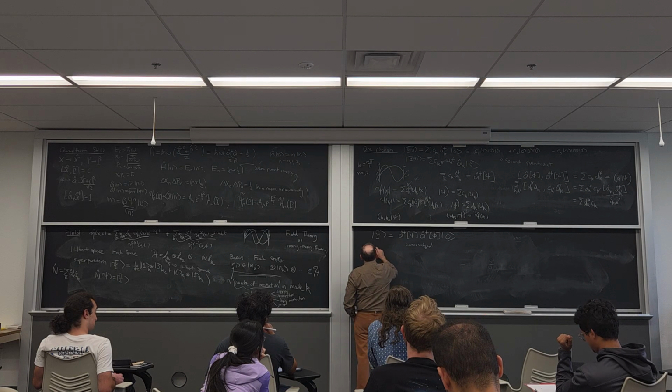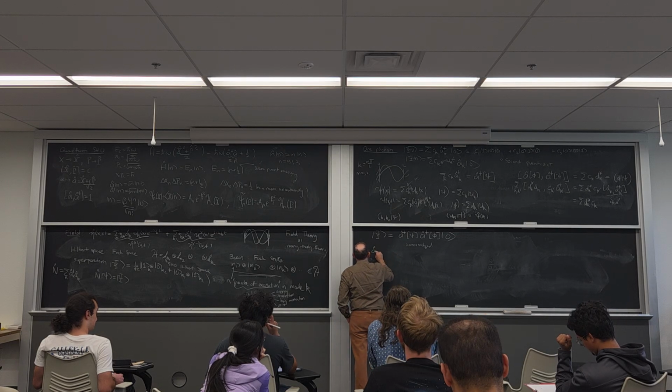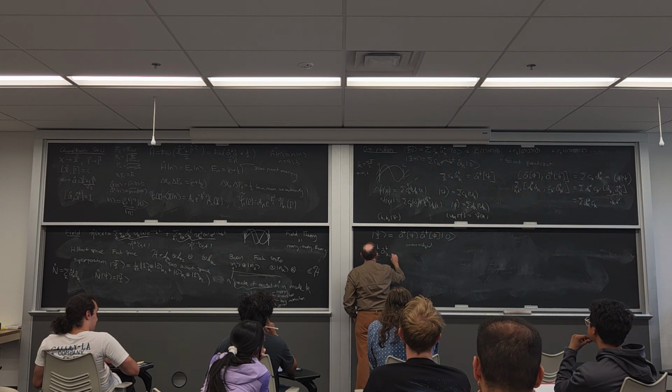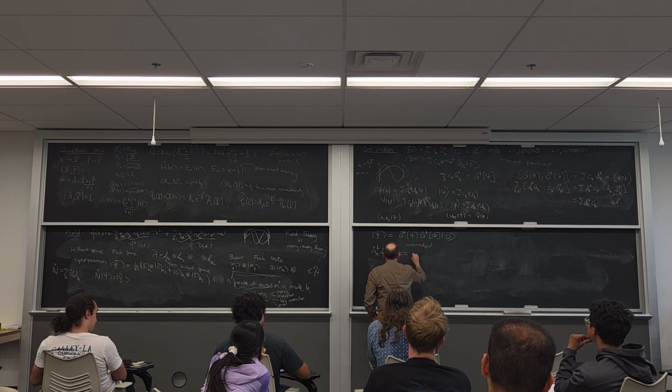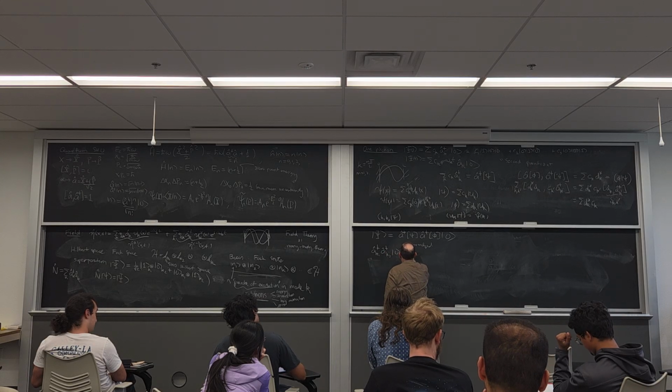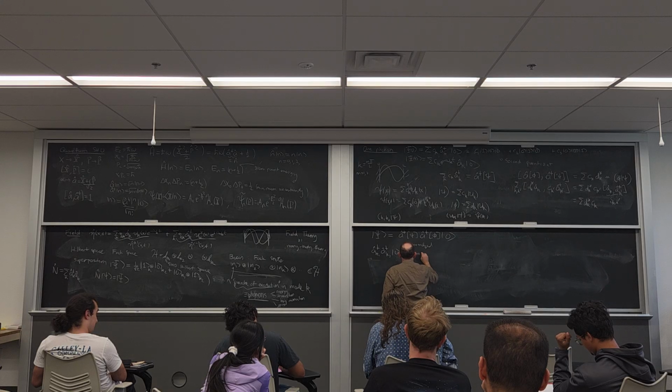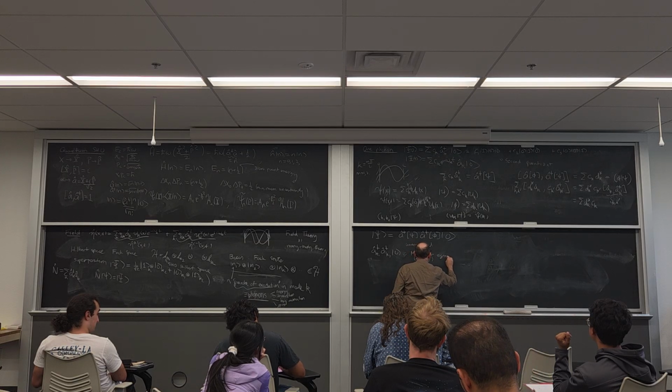But in second quantization, what that means is that the state is I create a particle in k1 and k2. That's going to be my momentum or energy eigenvector.